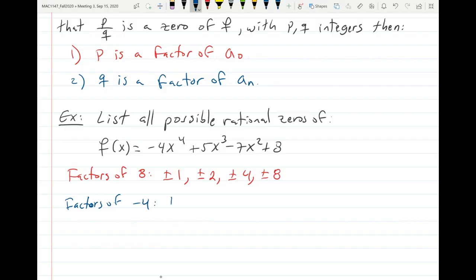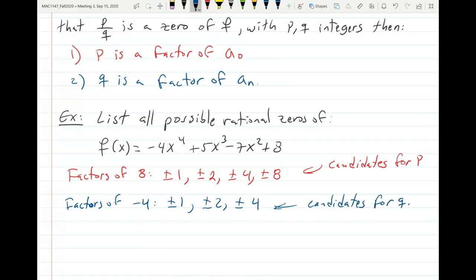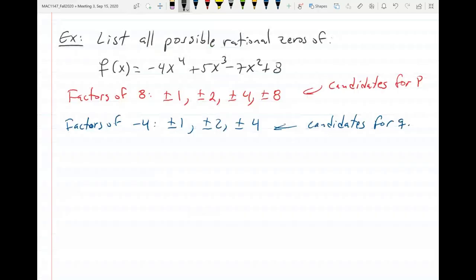That would be plus or minus 1, plus or minus 2, and plus or minus 4. And remember that the factors of 8 are the candidates for the numerator. Those are the candidates for p. These guys right here are the candidates for the denominator, so candidates for q.